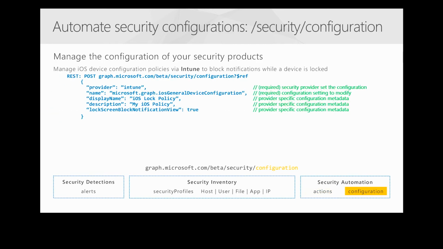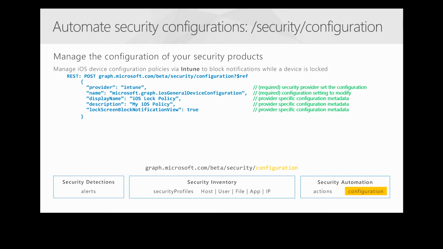Configuration works much the same way. Configuration is a post request to a namespace. We call it security/configuration. And again, we're asking a particular provider to take a particular action. But in this case, instead of acting upon a piece of inventory, we're saying we would like to change something about the service itself.